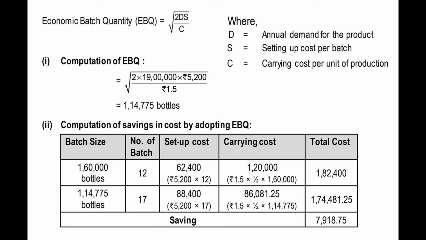So here the concept is whether we have to consider opening inventory or closing inventory. If we take opening inventory, that will be wrong. If we take closing inventory, that will be wrong. Instead of considering opening or closing inventory, we can take average inventory for computing the storage cost.